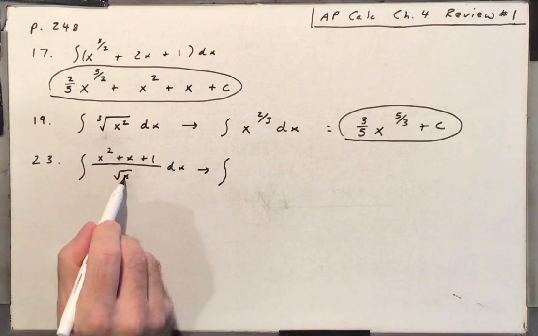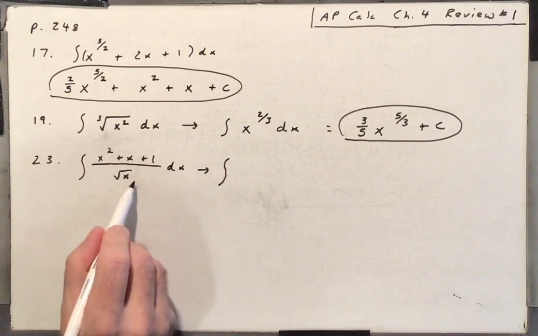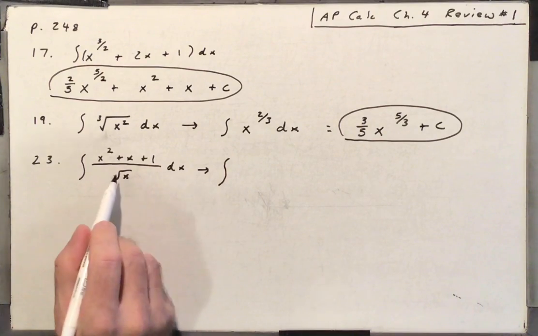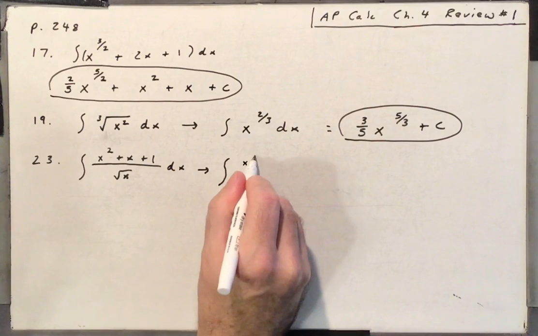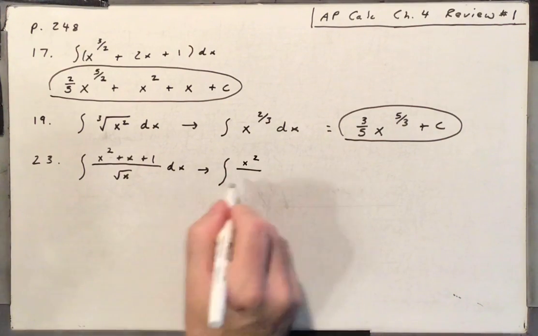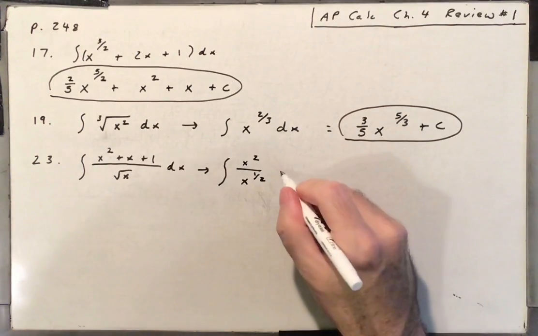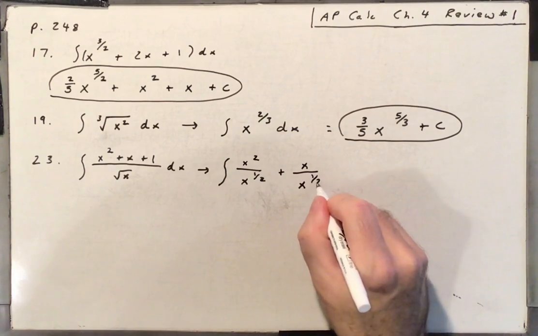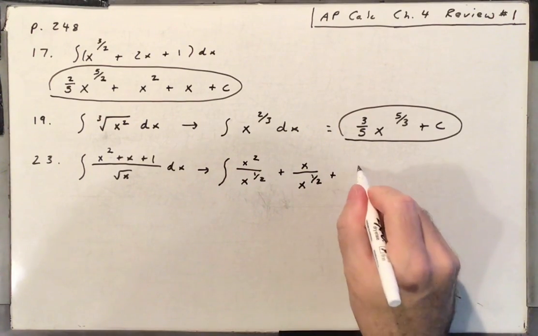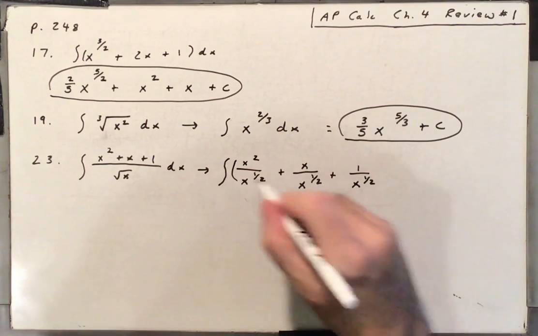And since there's just a single item in the denominator, we can divide that single item into each one. If it was more than 1, if it was root x minus 1, we couldn't do that. But since it's just a single item, we can rewrite this as x squared over root x, which is the same as x squared over x to the 1/2, plus x over x to the 1/2, plus 1 over x to the 1/2.